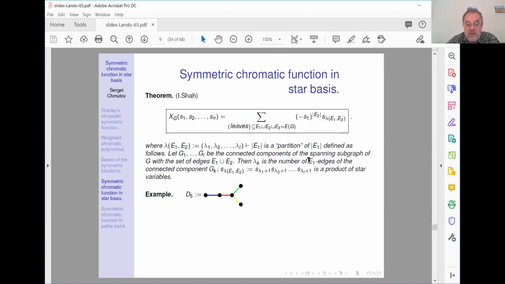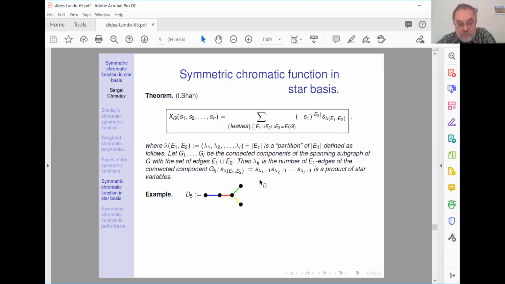So basically, E1 will be the edges which form the star, but the number of vertices will be 1 more. 1 more here, 1 more for the last part, lambda sub L. That is again the number of E1 edges in that connected component, L connected components of the spanning subgraph.